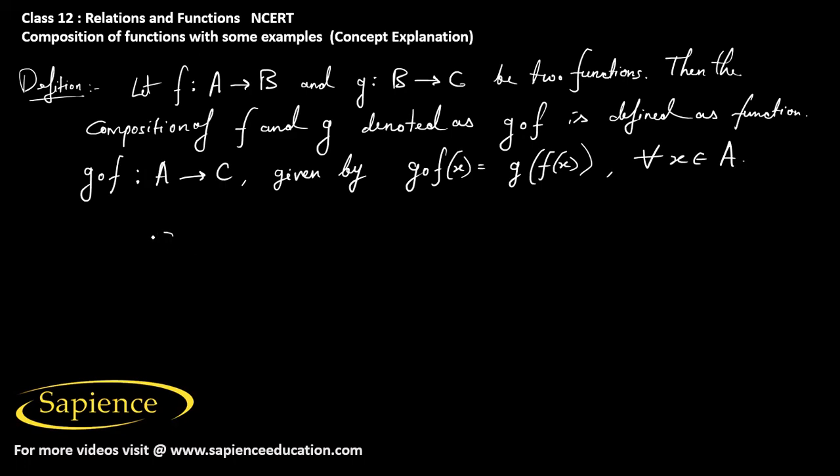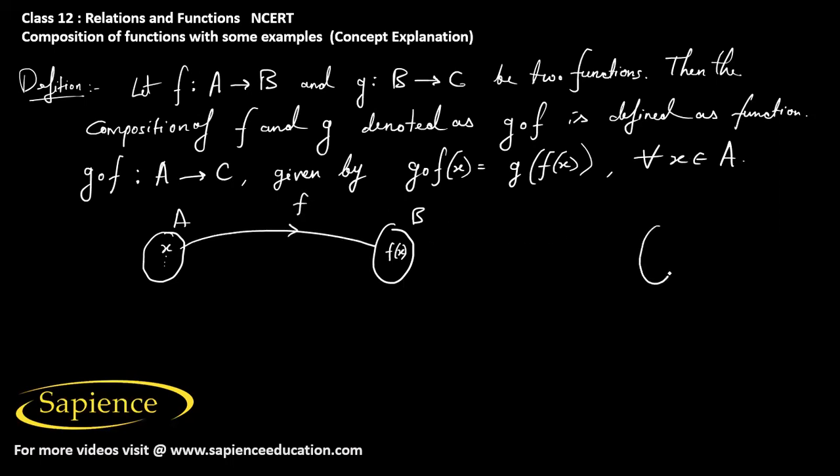So now it means that if we have a set A and a set B, then A contains the elements x and B should contain the elements f of x. It means f is the function which maps from A to B, and here we have the set C which contains the elements g of f of x.